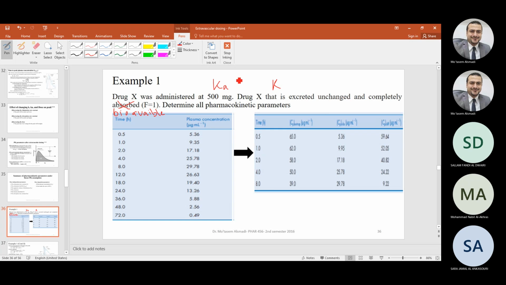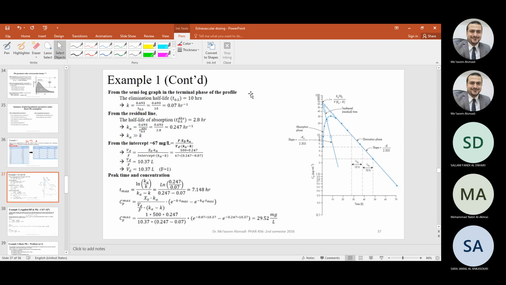If you have normal kinetics, then the Ka is much larger than the K, which means that the slower process is the elimination, which means that the terminal slope here is relevant to the elimination. This is what I explained last time. As I mentioned before, you are required to at least listen to the previous class or read it before you come to the next class.